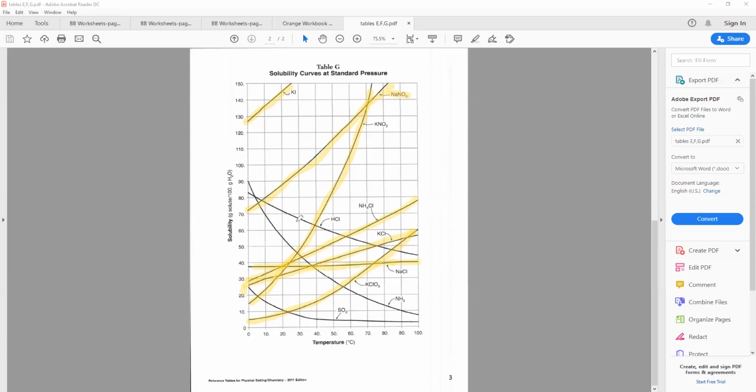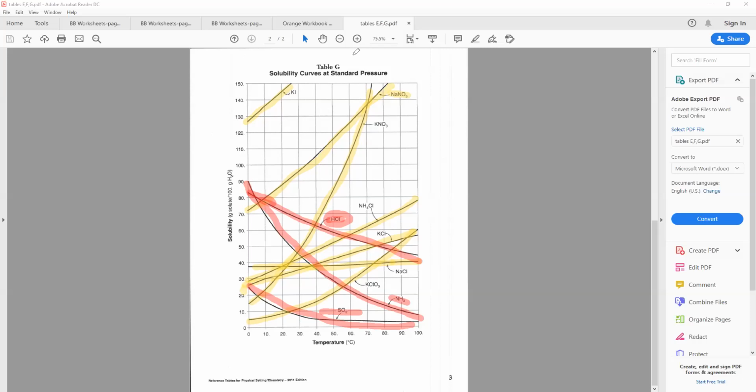We have 1, 2, 3 graphs that don't agree with this one. We see it's this one. What does this one correspond to? HCl. It is this one. That's NH3, and it's SO2. What I want you to know is HCl, NH3, and SO2 are gases.